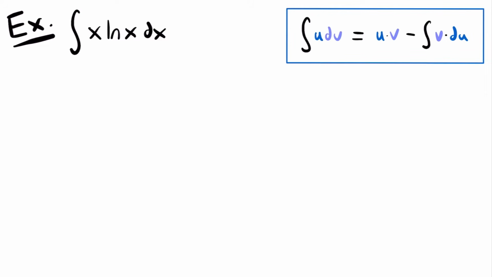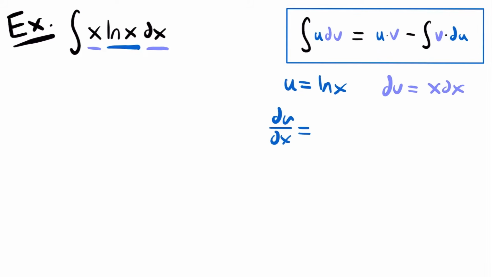Okay, and so we'll set u equal to the natural log of x, so we'll have u is equal to the natural log of x, and we will set dv equal to x times dx. And so dv is equal to x dx. Okay, and so let's take the derivative of u, and let's integrate dv. So du/dx is equal to the derivative of the natural log of x, which is 1 divided by x, and then multiplying both sides by dx will give us that du is equal to 1 divided by x times dx.